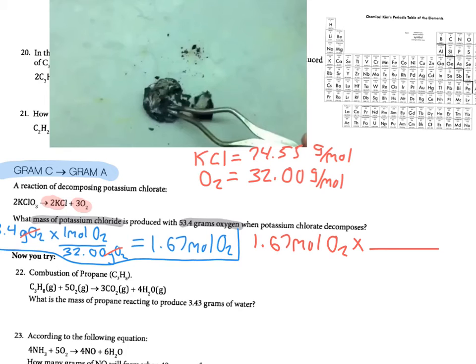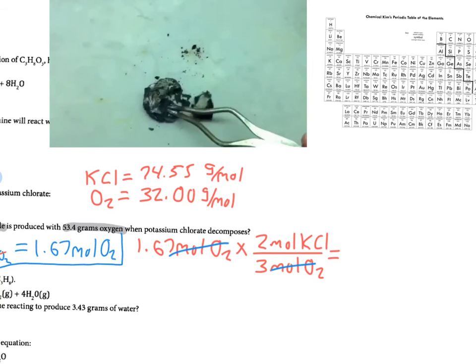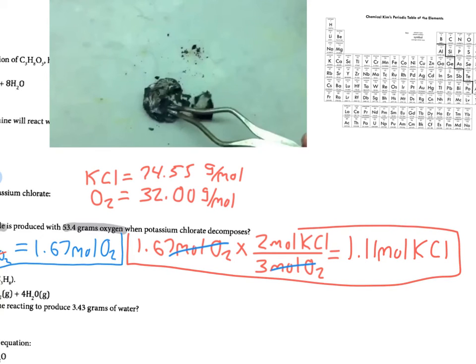On top I put what I want to find, the KCl, so 2 mole KCl on top. What am I leaving? The O2, so I put that coefficient, 3 mole O2, on the bottom. Again my units cancel, leaving me with moles of KCl, and I get an answer of 1.11 moles KCl. Not done yet, but this is the second step of the stoichiometry calculation.